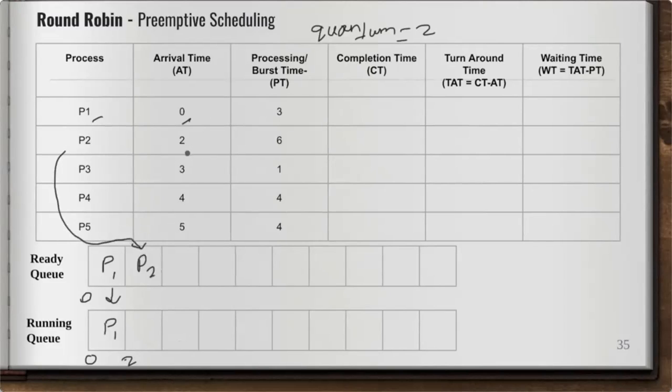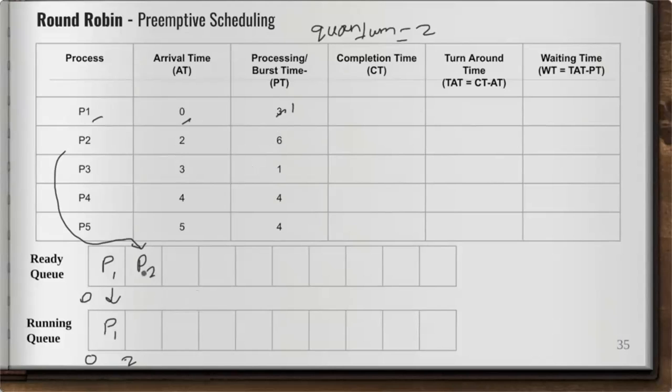And then at that time unit, are there any other processes? No, there isn't. Since we've already executed P1 for the interval of 2, what is remaining is 1, correct? Because already executed for 2 units, only 1 is remaining.